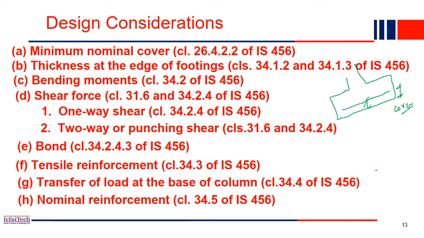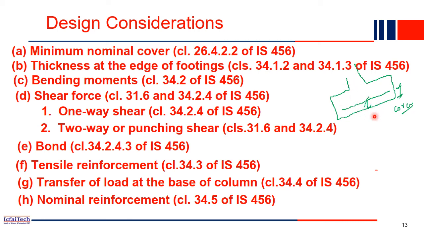So what is the minimum dimension of cover? You will get it in clause number 26.4.2.2 of IS 456. The minimum nominal cover for the footing should be more than that of the other structural elements of the superstructure, because we provide cover for the beams, the columns and the slabs, everywhere, right?